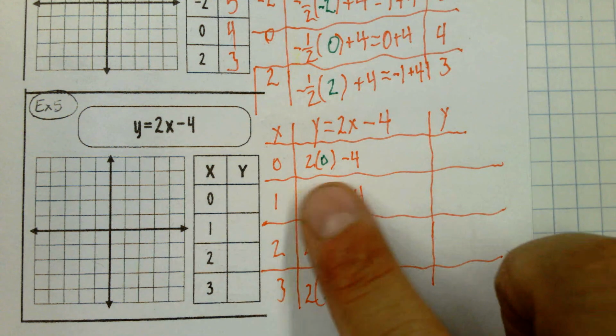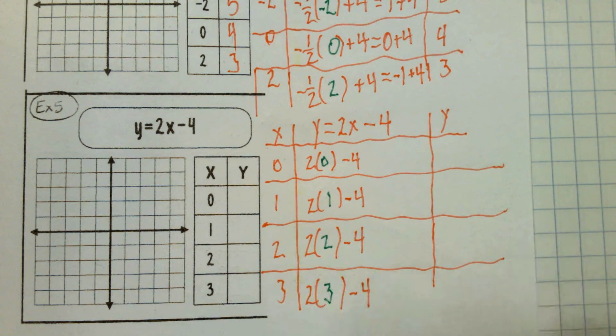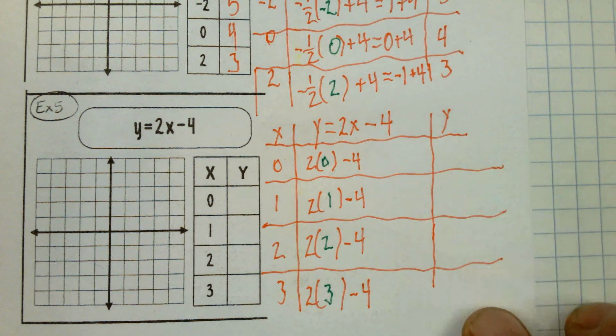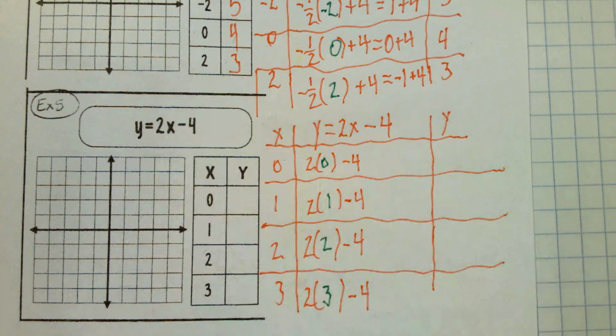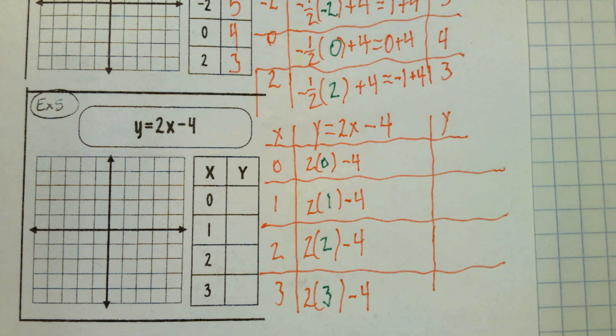Go ahead and multiply by 2, then take away 4 for each of these. Get your point, write those here, and then make the line. Okay.